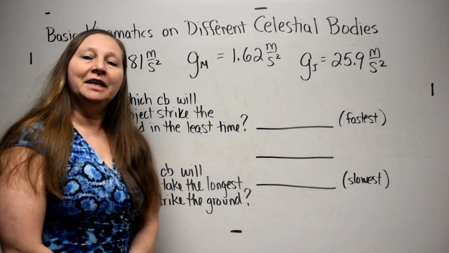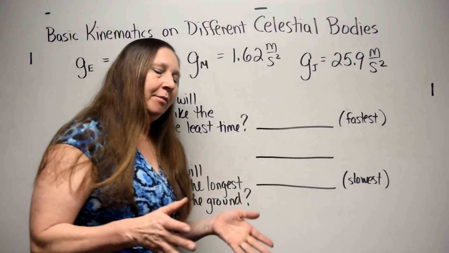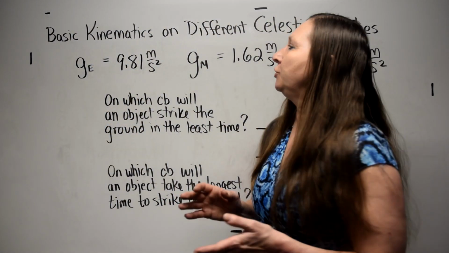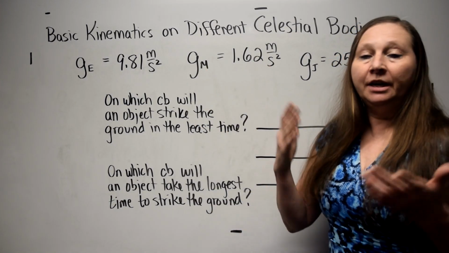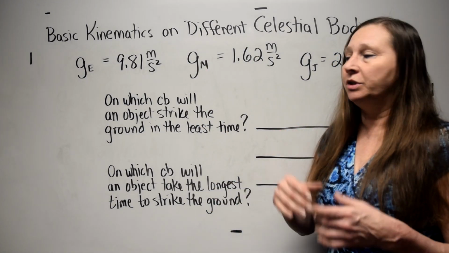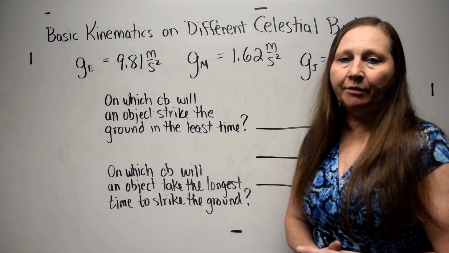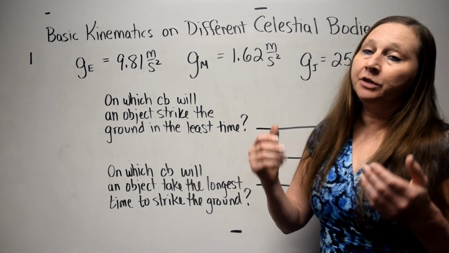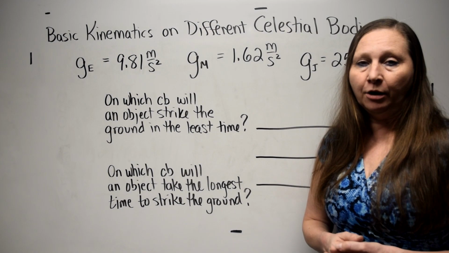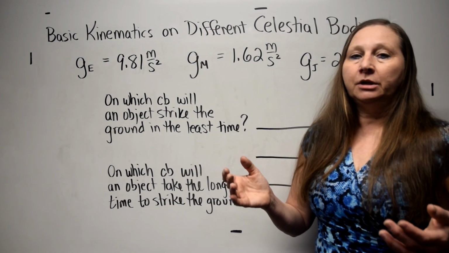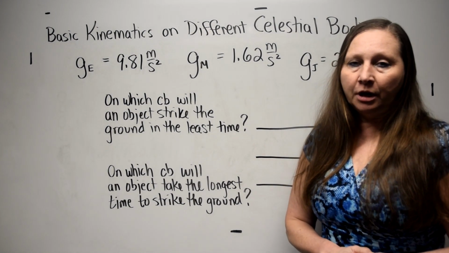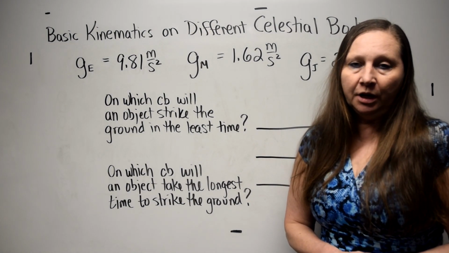Some basic kinematics. Now remember, the only thing that's really going to be different on the different planets is the acceleration due to gravity. Of course, the differences in acceleration due to gravity will change the amount of time it takes an object to hit the ground falling from a specific height, or it'll change the amount of distance that an object covers while falling a certain amount of time.